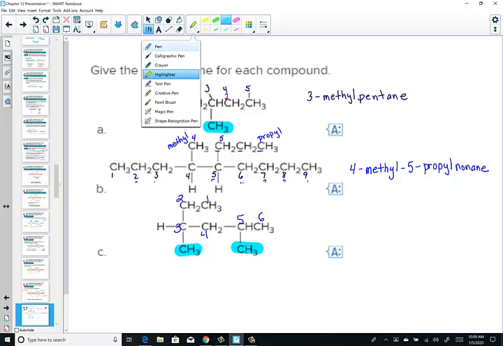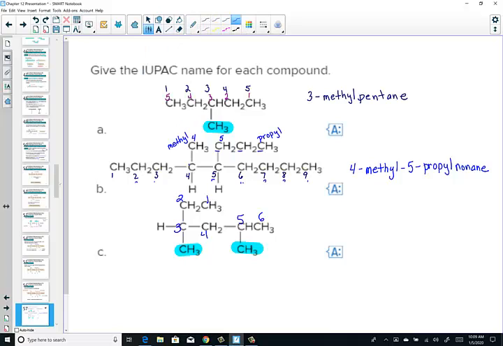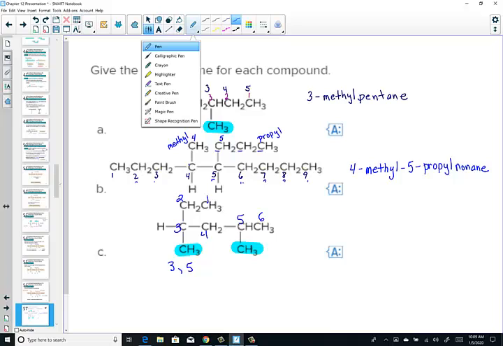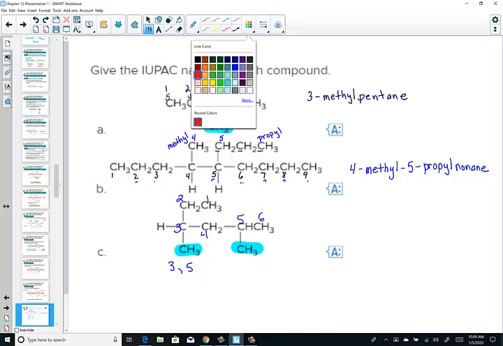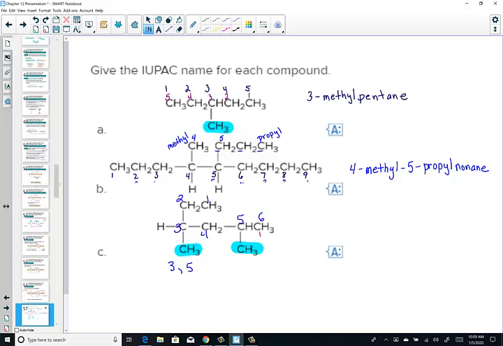Now, is that the proper way to number that? The way I have it listed, I have a methyl at carbon 3 and another one at 5. Let's see if I had done carbon 1, 2, 3, 4, 5, 6.